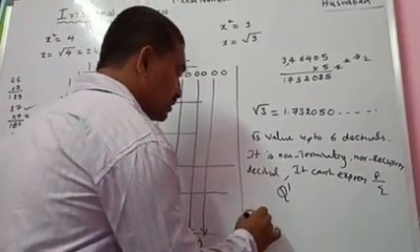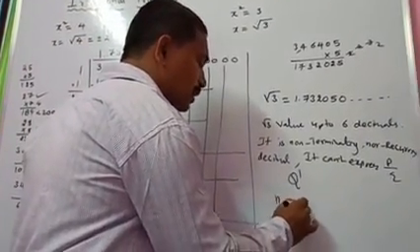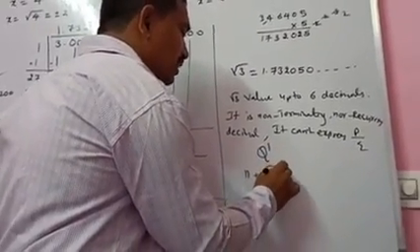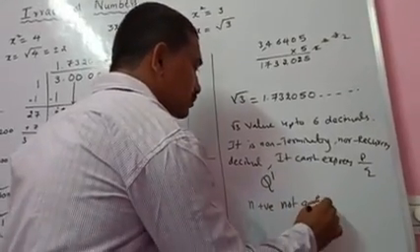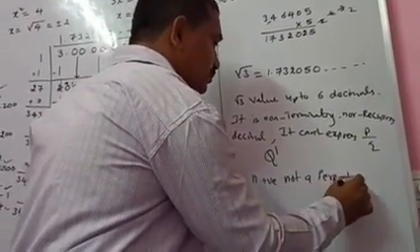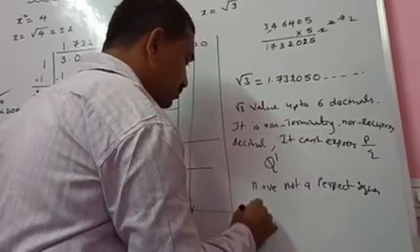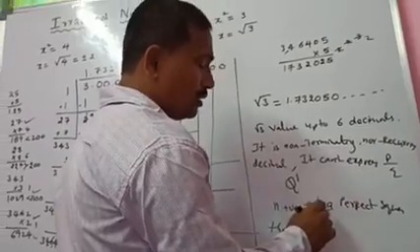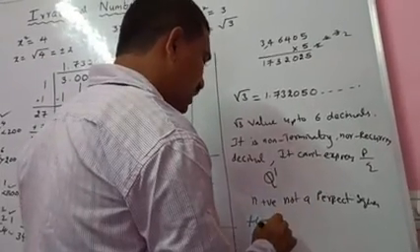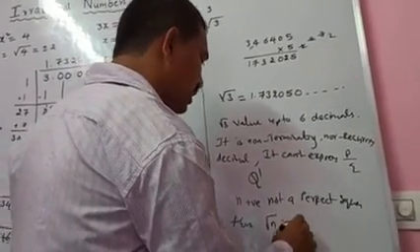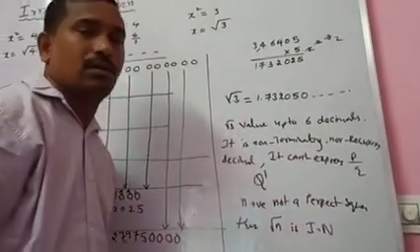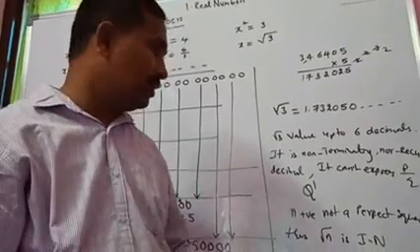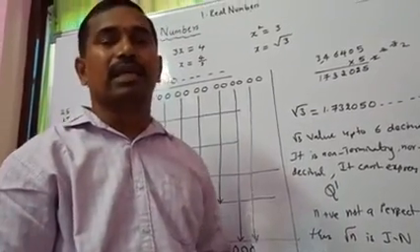If n is a positive number that is not a perfect square, then root n is called an irrational number.